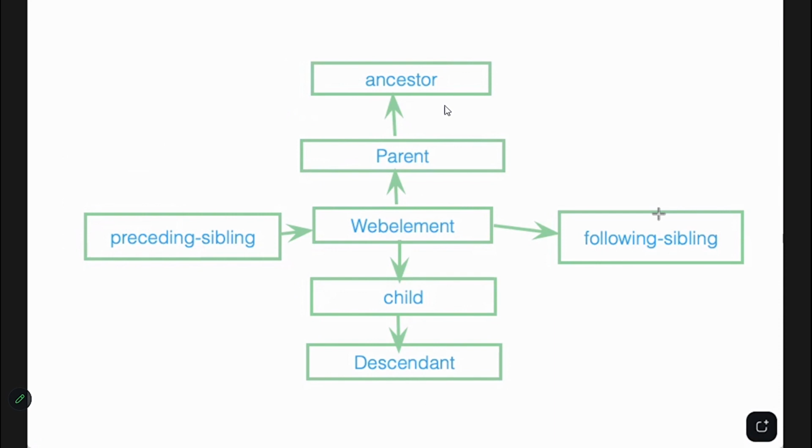So tomorrow we'll discuss some interview questions about this object identification. So first you practice this following sibling and preceding sibling. Okay, take this diagram, and this is the complete object identification.